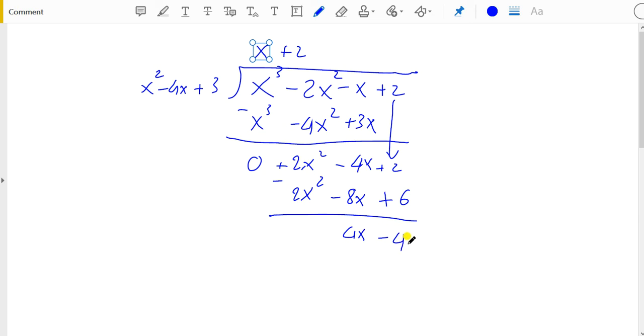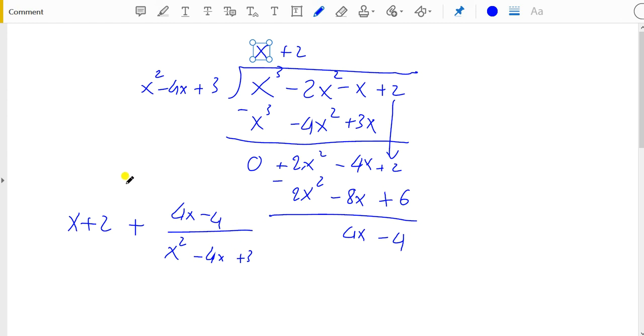From here we are no longer able to divide 4x by x squared, so this is the remainder. So the way we write the answer is x plus 2, and we add to it the remainder, 4x minus 4, over the denominator, x squared minus 4x plus 3.